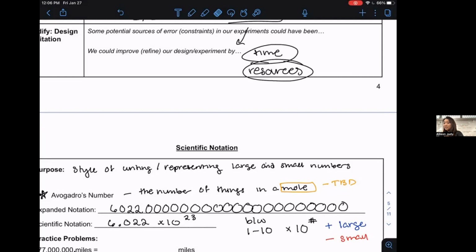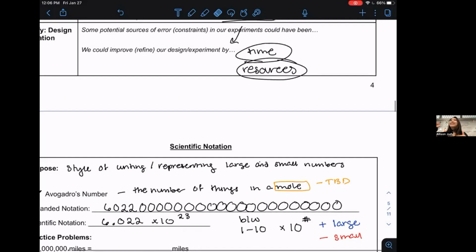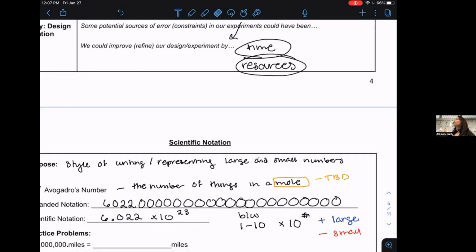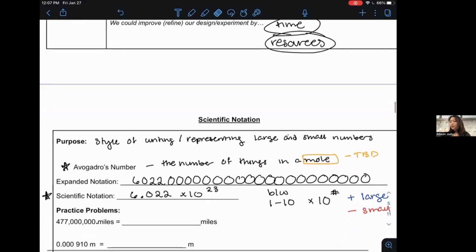So we turn 6022 into 6.022. And then we count how many places we need to move the decimal from the original, how many powers of 10 we still have to maintain to keep the value of the number. If it is a positive exponent, you know that you moved the decimal for a very large number. If it's a negative exponent, a negative power of 10, you know you moved it for a very small number.